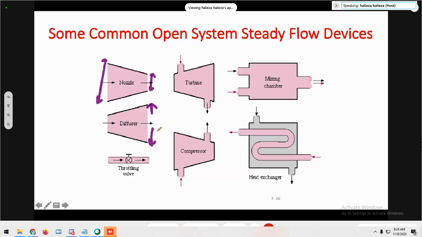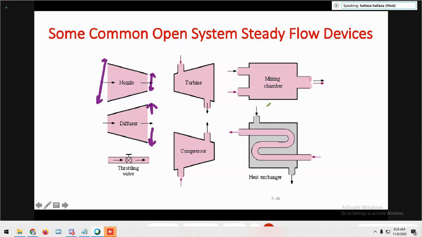So that's about pressure. A throttling valve is also supposed to reduce the pressure. Now let's look at compressor. You compress the gases, so that means you increase the pressure.